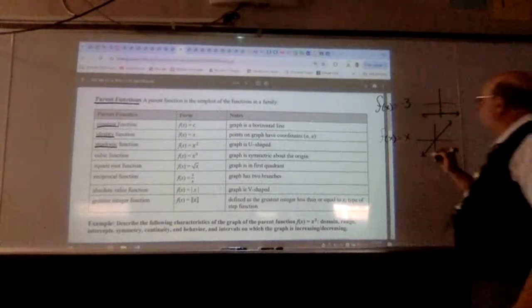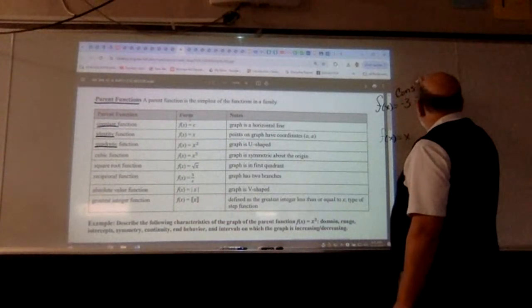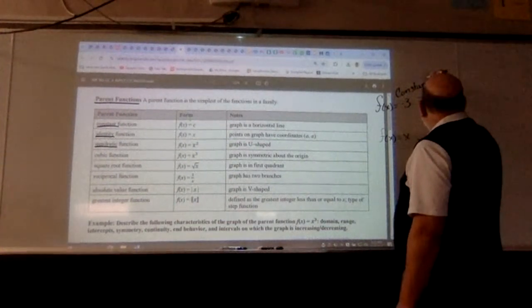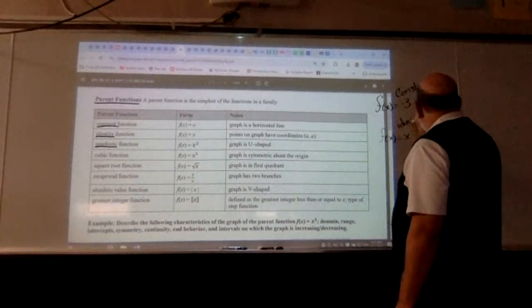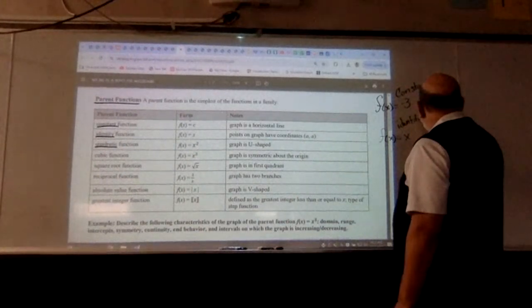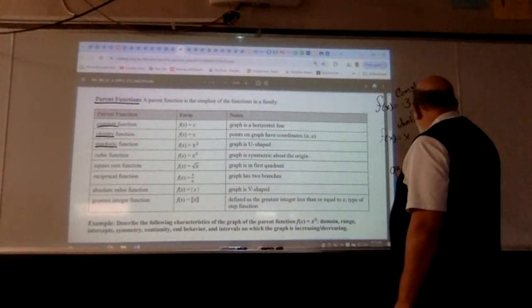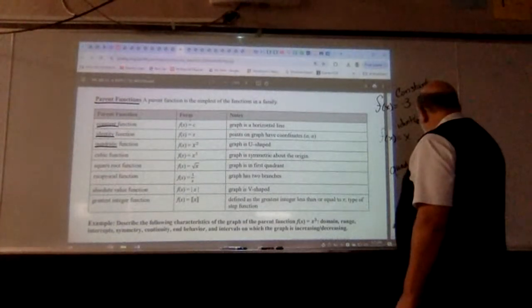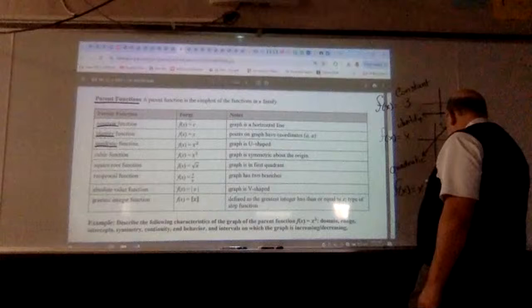So I guess I'll label these: constant, identity, and we'll say quadratic, where f of x equals x squared.